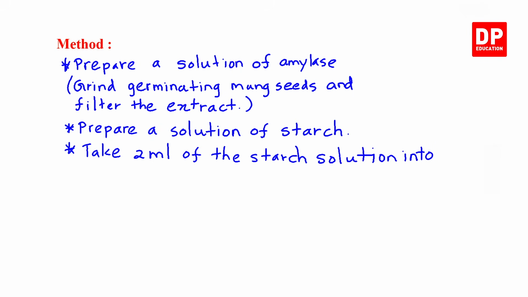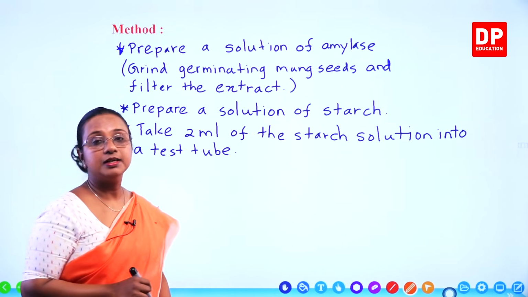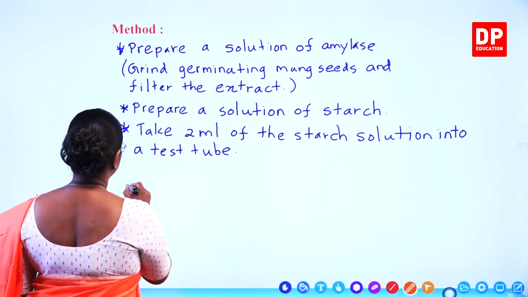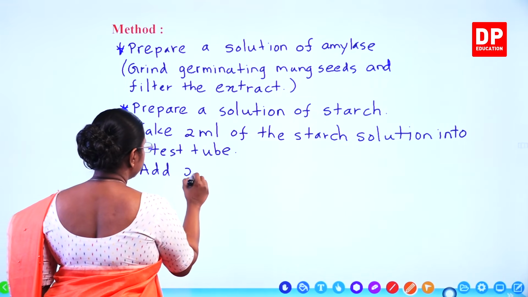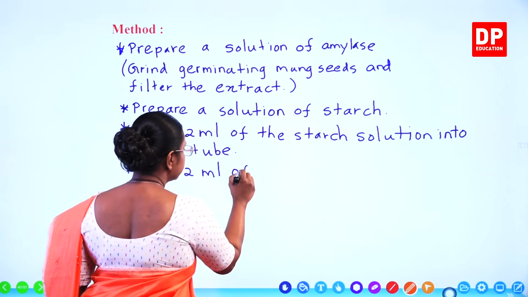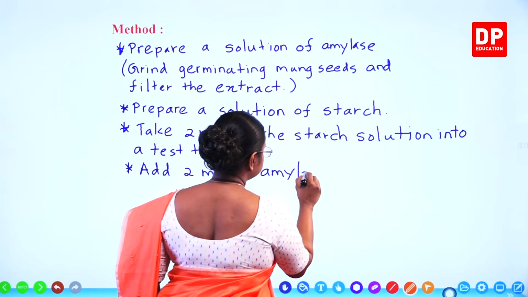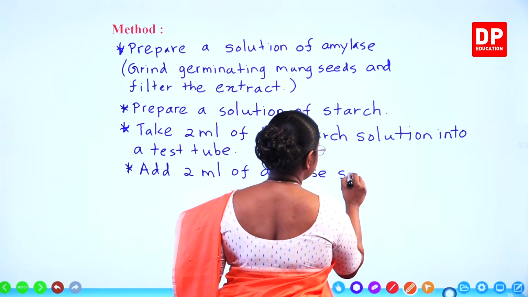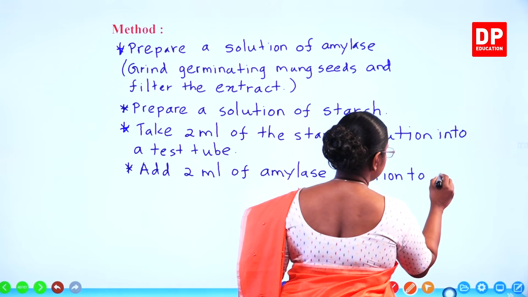To that, we have to add 2 milliliters of the amylase solution. Add 2 milliliters of amylase solution to starch.